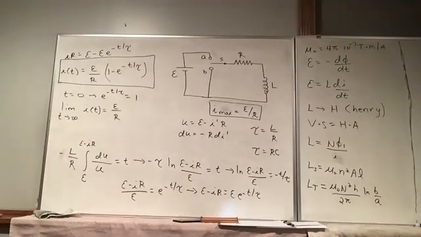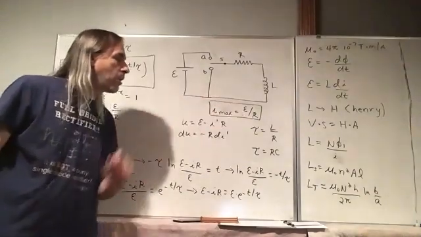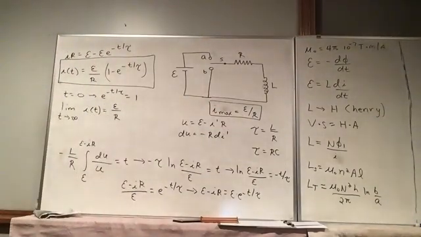So yeah, we start out with a current of 0, and we're going to end up with a current epsilon over R. Let's see how long that would take. So let's do a quick problem.